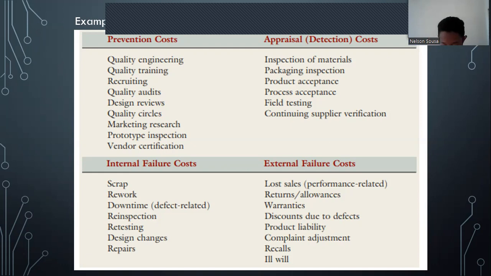For the third part, there is internal failure cost. We have scrap, rework, downtime, or defect related, reinspection, retesting, design changes, and also repairs. And the last one is the external failure cost. We have lost sales or performance related, returns or allowances, warranties, discounts due to defects, product liability, complaint adjustment, recalls, and ill will.